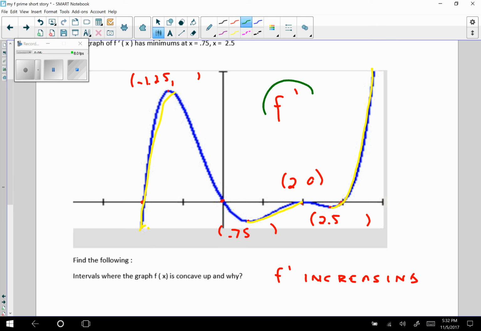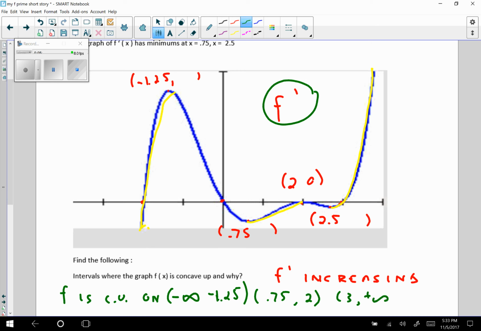Note that we're talking about f prime here. We're given f prime, and we want to answer some questions about f. So to answer this question, we're going to say f is concave up on these intervals: from negative infinity all the way to negative 1.25, the other interval is 0.75 to 2, and from 3 to positive infinity.